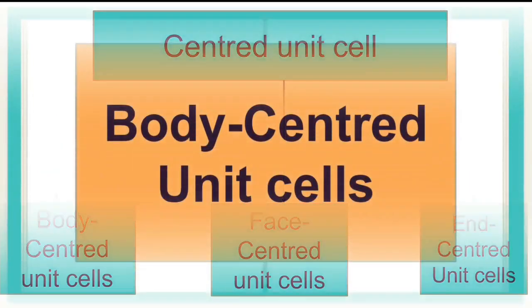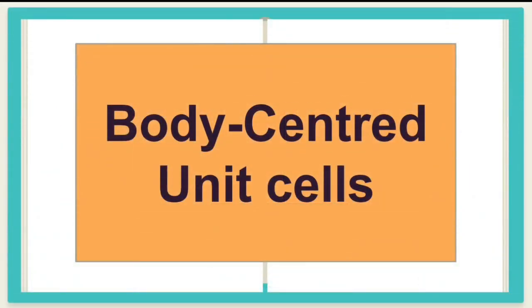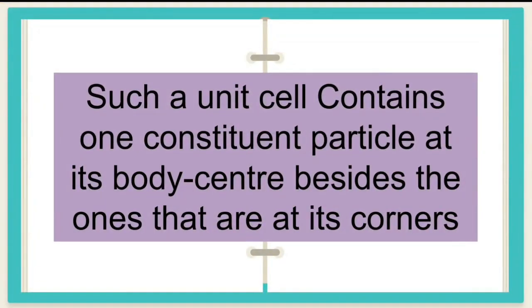Now we'll see the first one, body centered unit cells. As the name indicates, one body is in the center. So in body centered unit cells, one constituent particle is present at the center besides the ones at the corners.